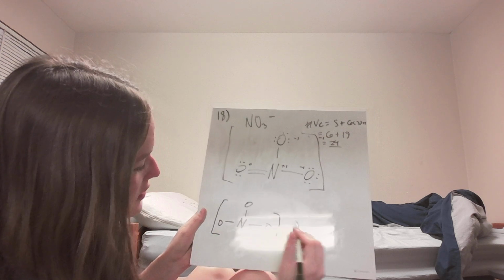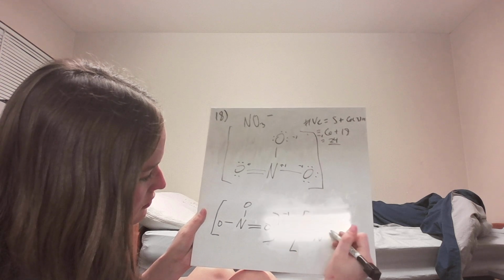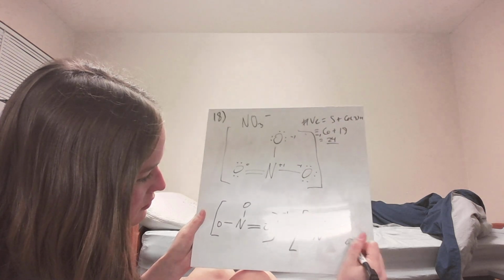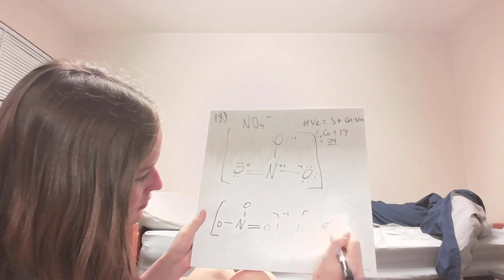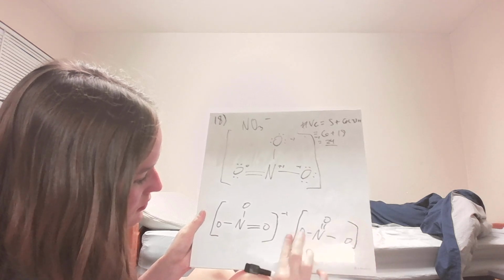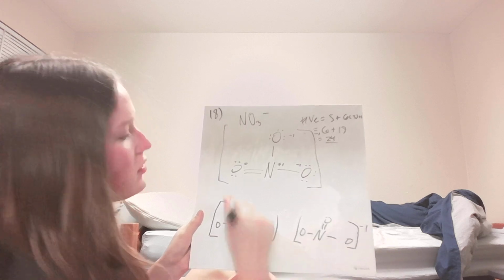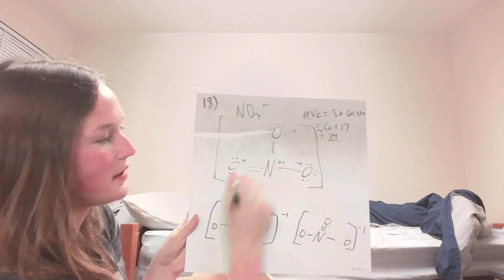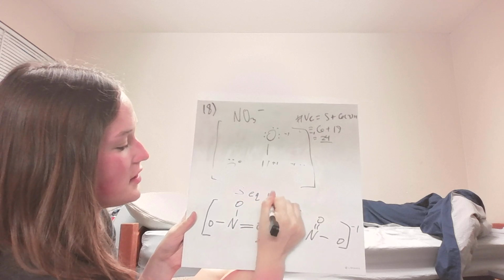So that's another resonance structure. And that's the other resonance structure. So that's only 3. You can't move this double bond anywhere else. So this can only have 3 equivalent resonance structures.